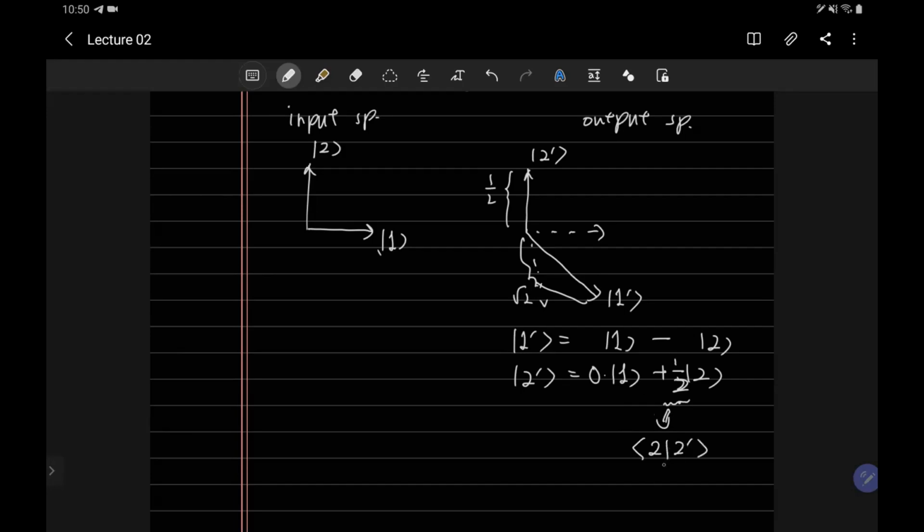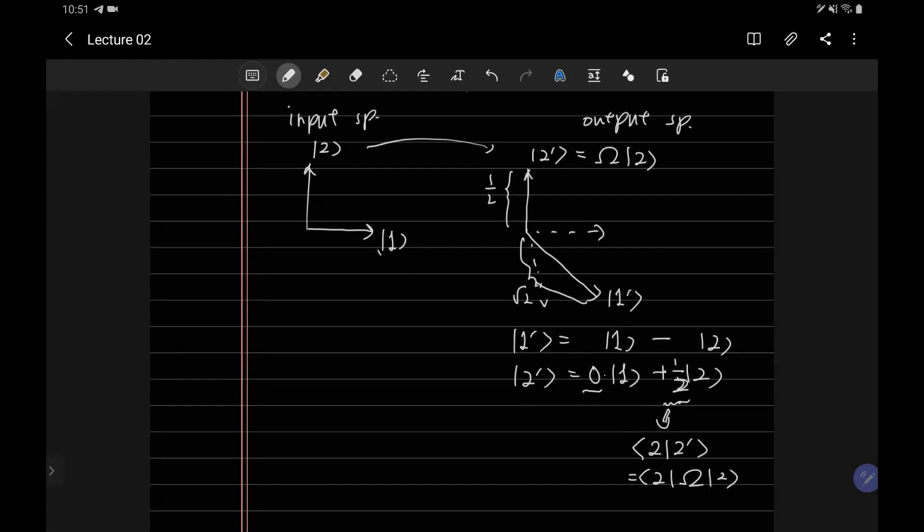We also know that 2 prime is coming from omega 2, so this can be written as omega 2, something like this.